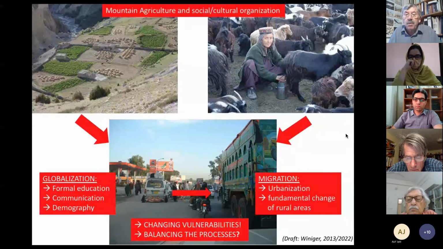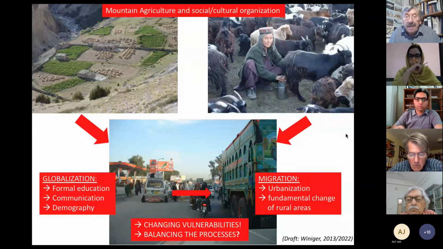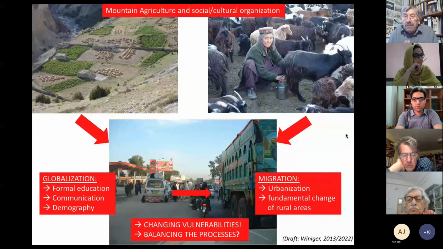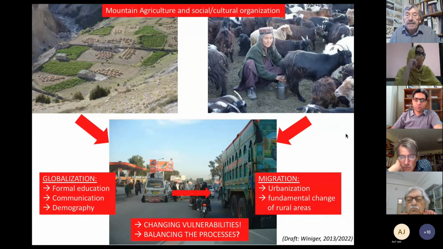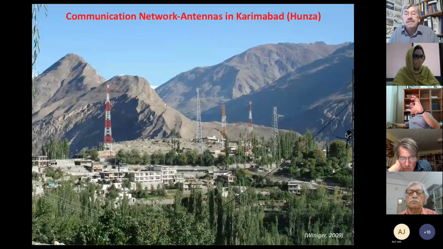Urbanization, we have also discussed, this is an absolutely clear process in the big areas, Karachi, Rawalpindi, Lahore, and so on, but also in the mountain areas. You have urbanization on a lower scale in the mountain areas. And this, all in all, creates fundamental changes to rural areas. On the next slide, next slide, please.